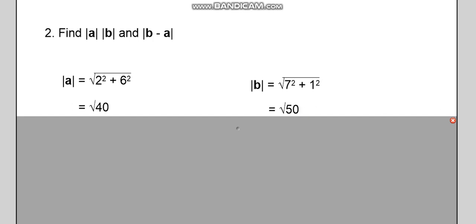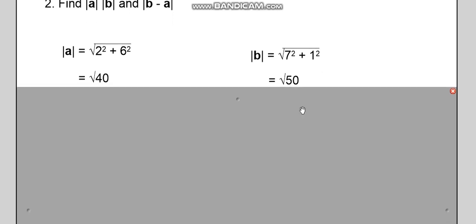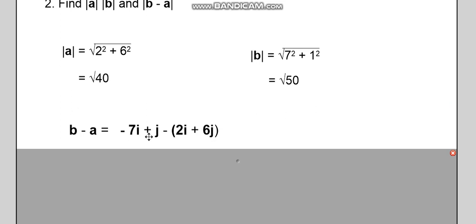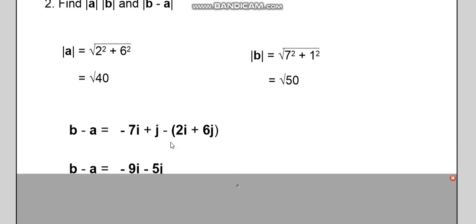Then I've got to work out B minus A, so I've got to work out what that vector is first before I can work out the magnitude. So B was minus 7i plus j, and we're subtracting A, which is 2i plus 6j. So minus 7 take away 2 is minus 9, and 1j minus 6j is minus 5j.